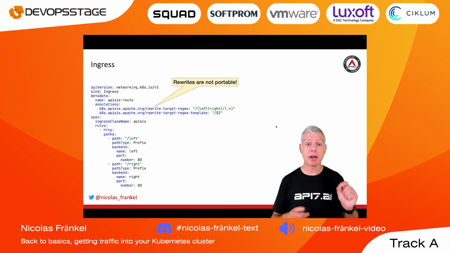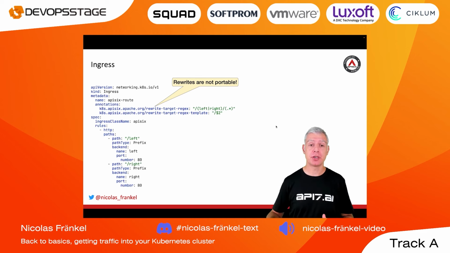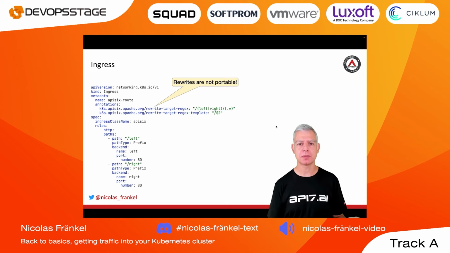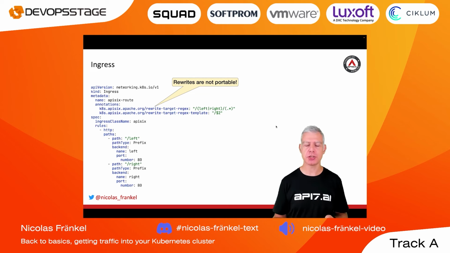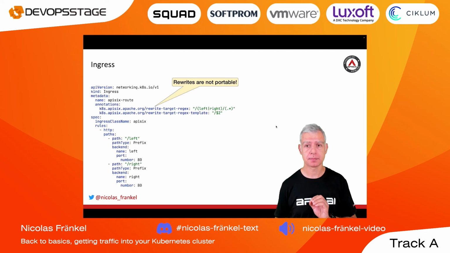If the rewrite is possible regarding the implementation of the Ingress controller, it will need to be changed if you want to change your implementation. And that defeats the purpose of a specification: you have one single specification, and if you want to change your implementation, it should be close to a no-brainer. So here, it's not possible.